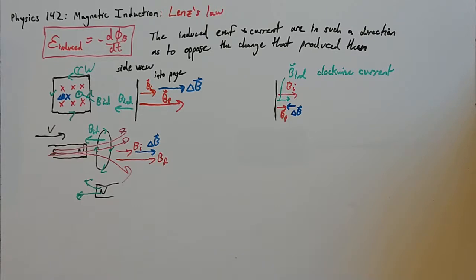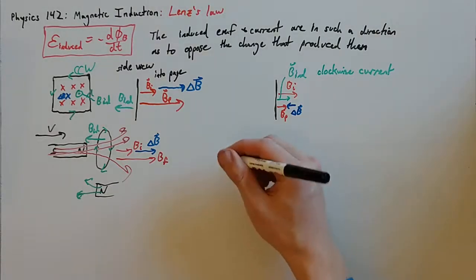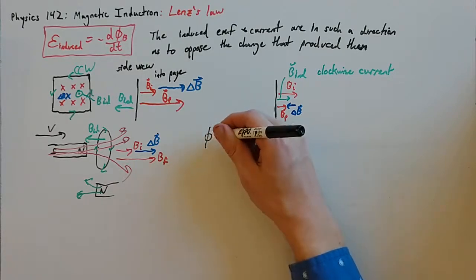Now, I should do one more example before we wrap up here. So far, all the changes I've been talking about are just changes to the amount of magnetic field, sort of dB dt. We're changing the magnetic field with time. But clearly flux is not just magnetic field.